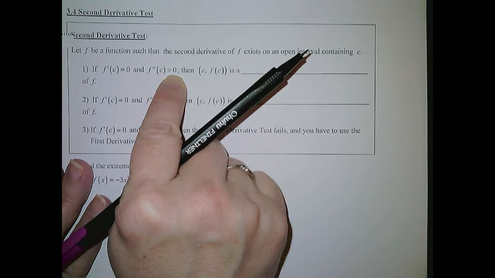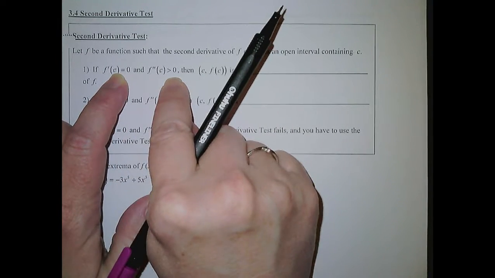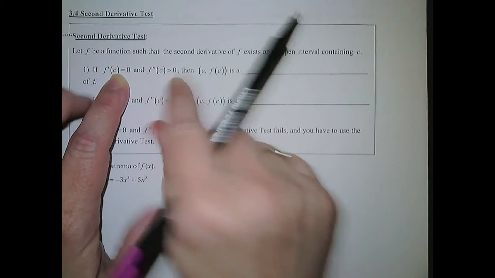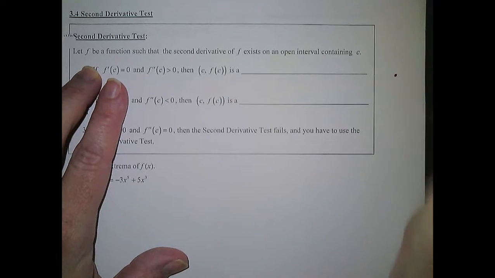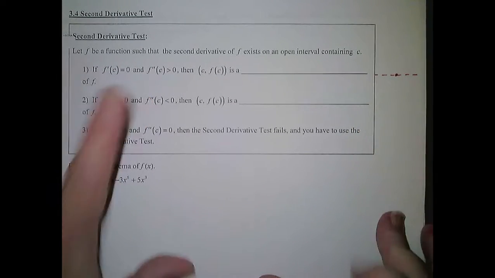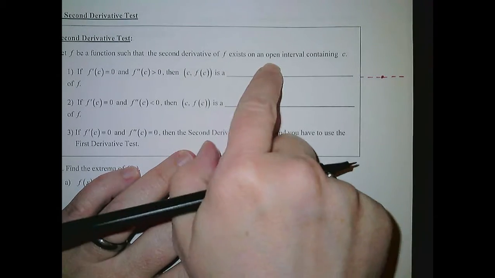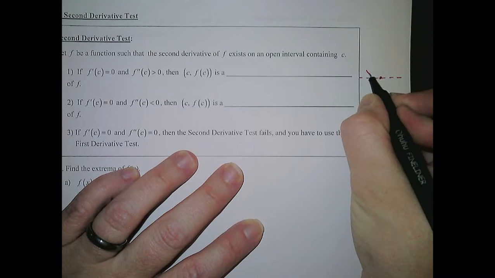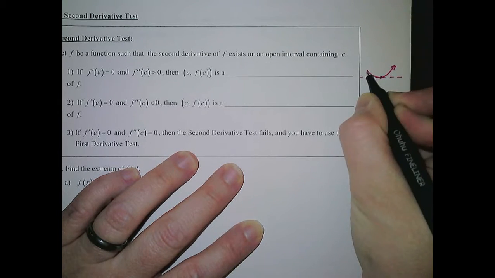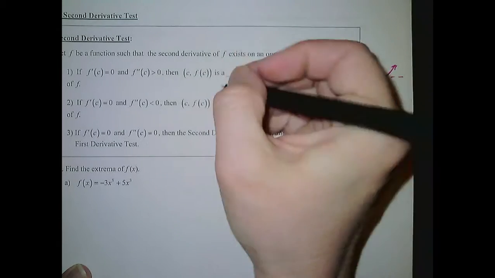So we have a point with a horizontal tangent line and a graph that is concave up. If we put those two ideas together, then that point must be a relative minimum.